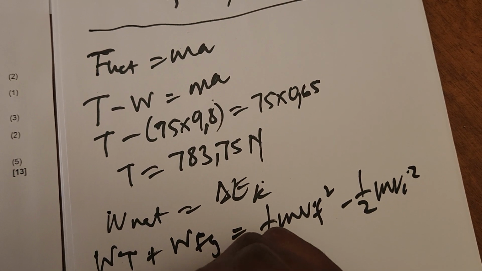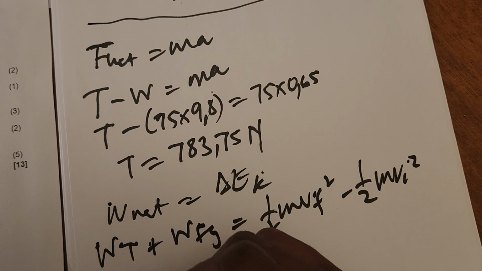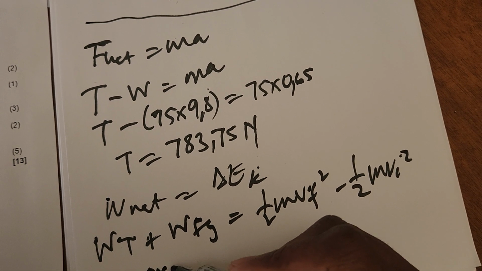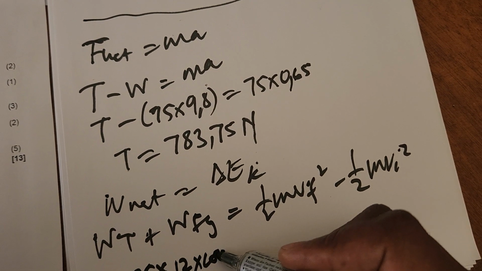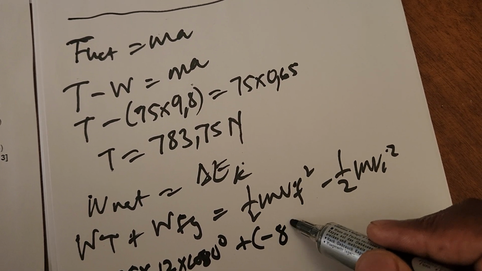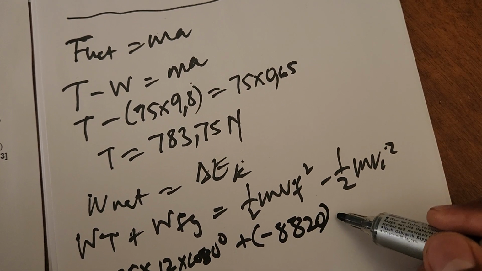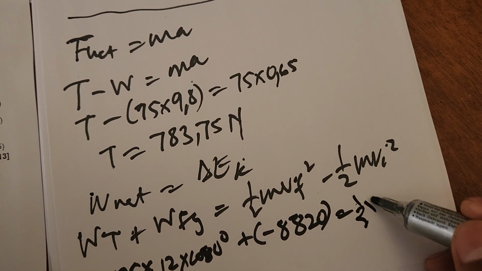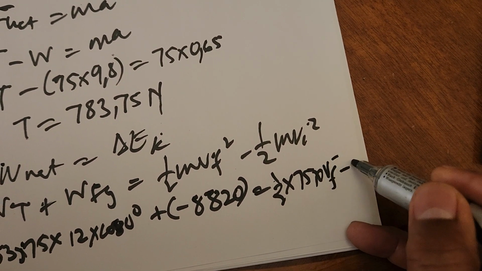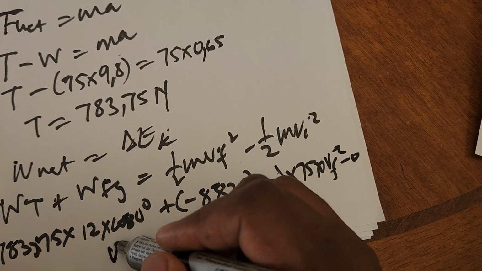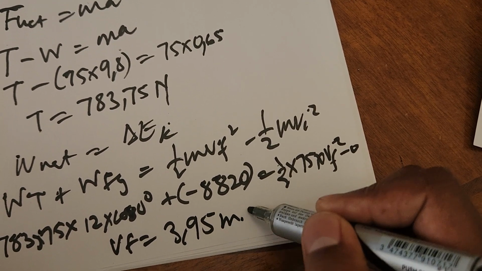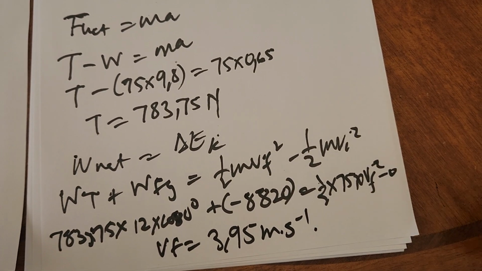So work done by tension will be your tension 783.75 multiplied by delta x, which is 12, multiplied by the cosine of 0 degrees, then plus negative the work done by the weight, 8,820. Then you will find half of 75 multiplied by vf squared minus 0. You will get the same answer, as vf will be 3.95 meters per second. That's how alternatively you can do that.